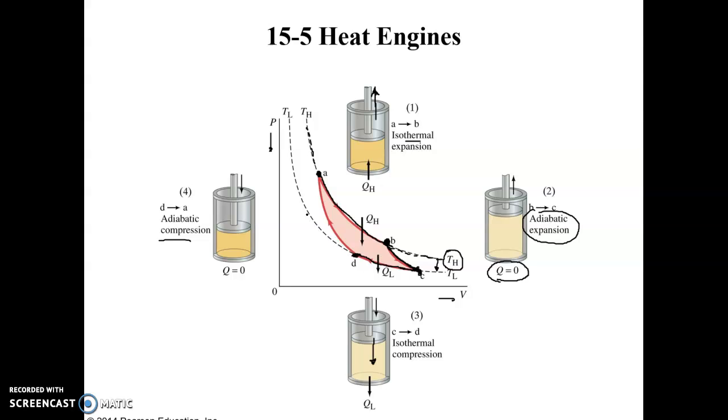So we're going to jump from this lower curve back up to the higher curve, and we're back to our starting point. And so if we keep following around and around in this cycle, this is the perfect Carnot cycle. So a perfectly ideal engine would follow this path.